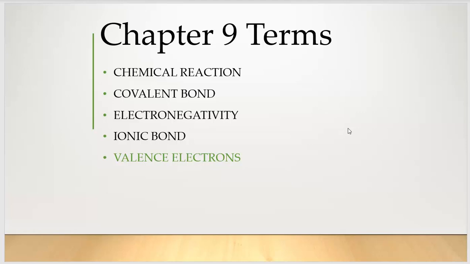I think technically the noble gases have filled shells and they still are considered as having valence electrons, but really from my point of view, they don't have any valence electrons at all. It's only groups 1A through 7A that have the valence.